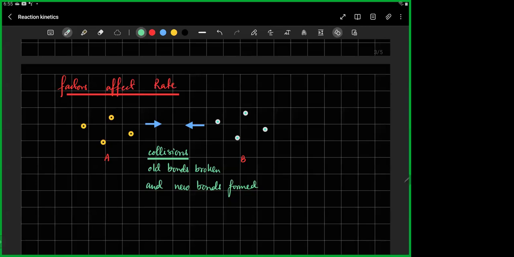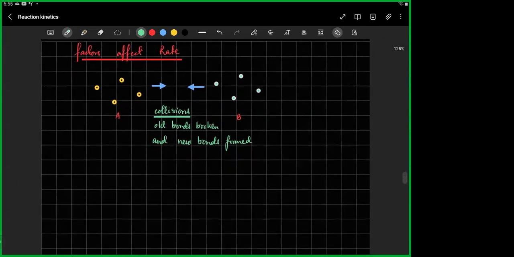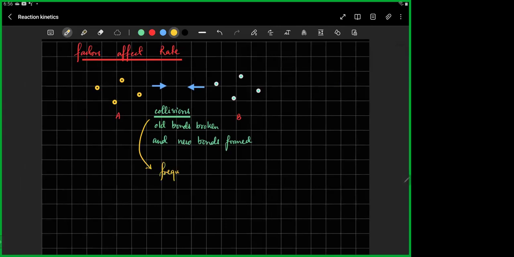Now, when you describe the rate of reaction, it all depends on collisions, and collisions are going to be described in two ways. ठीक है, दो तरीके होंगे। One way is that you talk about the frequency of collisions, like how many times do they collide, right? अगर वो ज़्यादा collide करें, so you're obviously going to have a faster reaction.